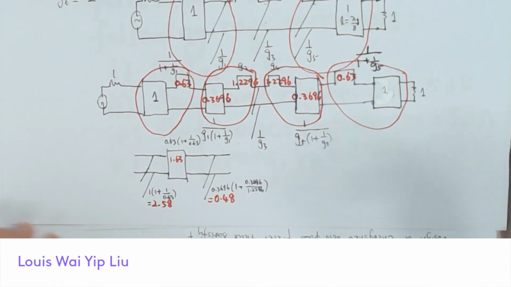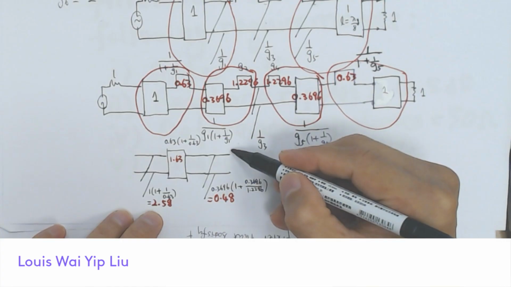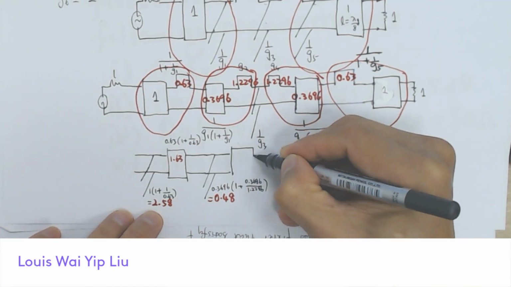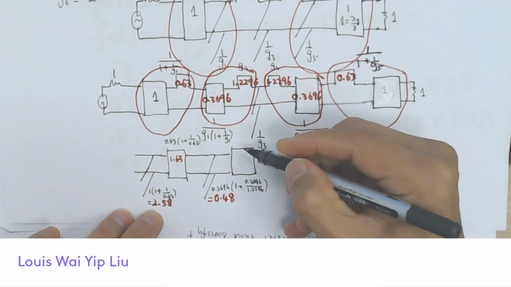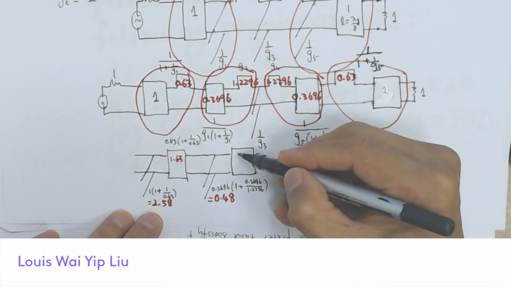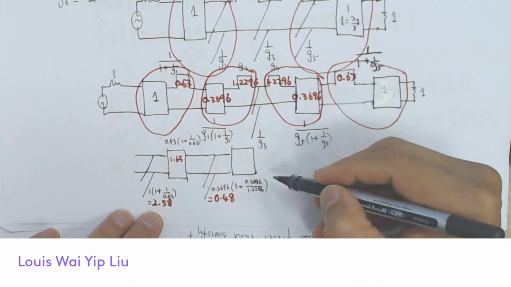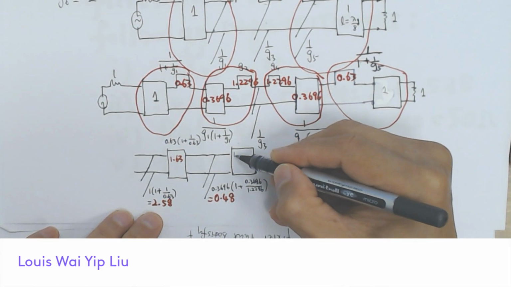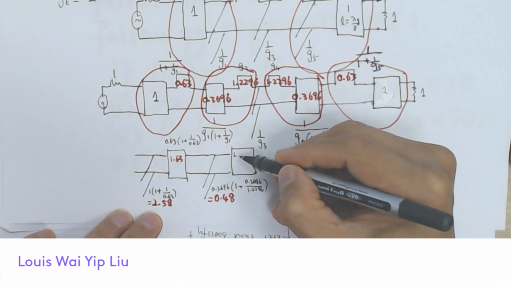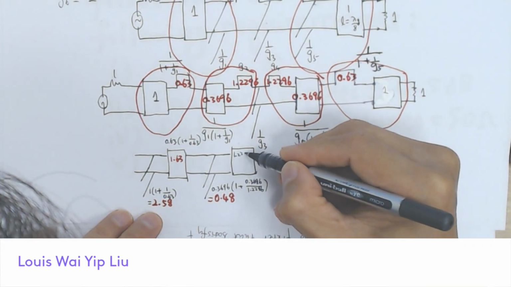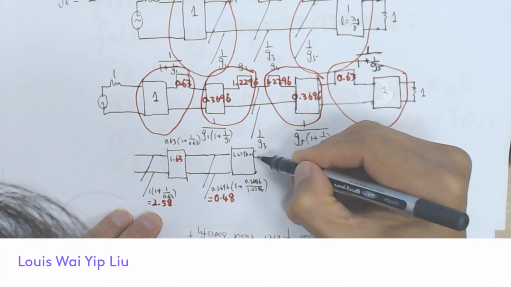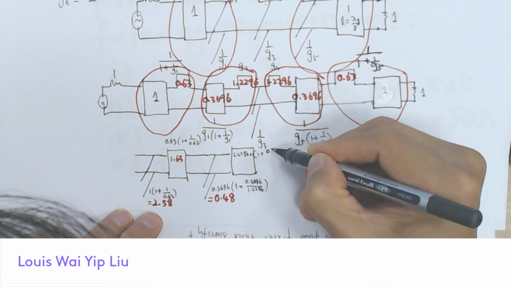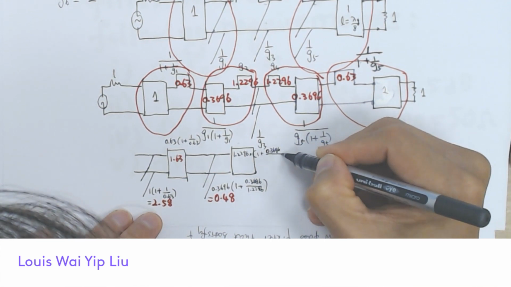And similarly, this one will be replaced with, and the characteristic impedance here can be calculated with 1.2296 times 1 plus 0.3696.